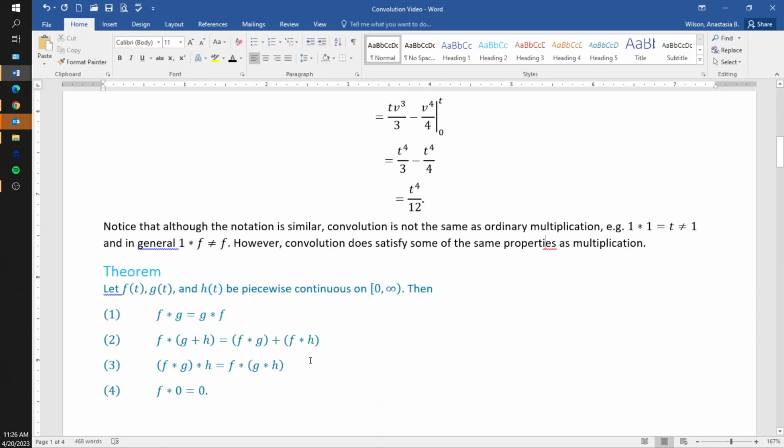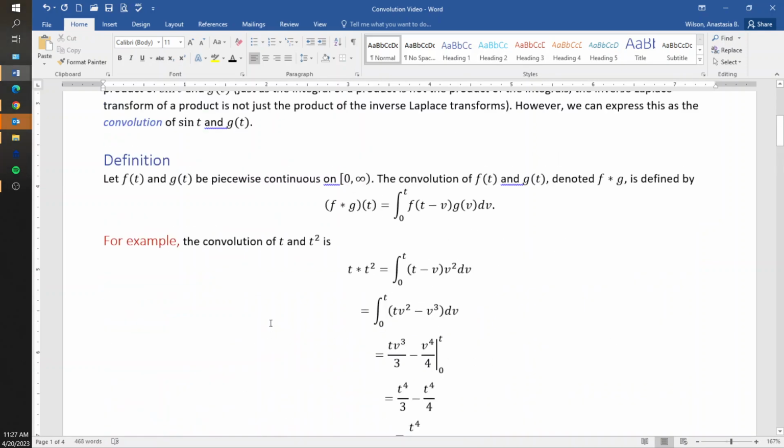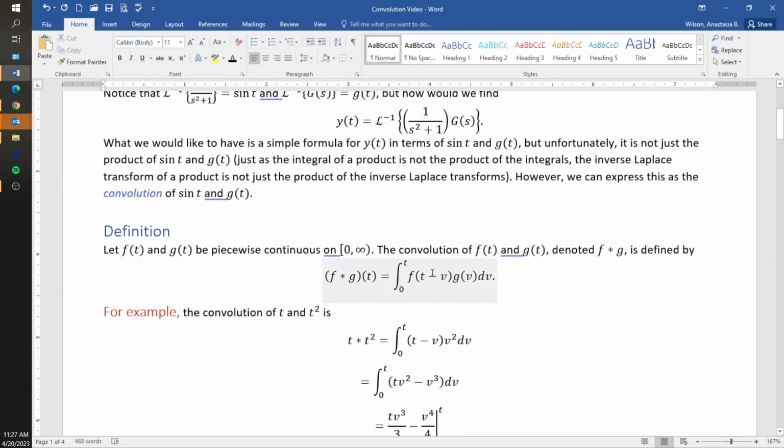And this theorem lists a few that it does satisfy, one of them being that the order of the convolution doesn't matter. And this can be extremely helpful because sometimes there are certain functions that are easier to substitute in t minus v than others.